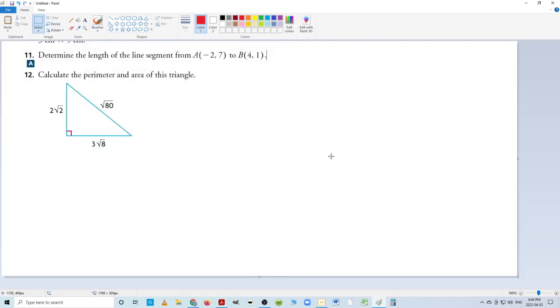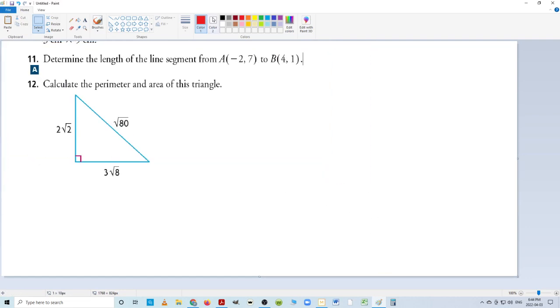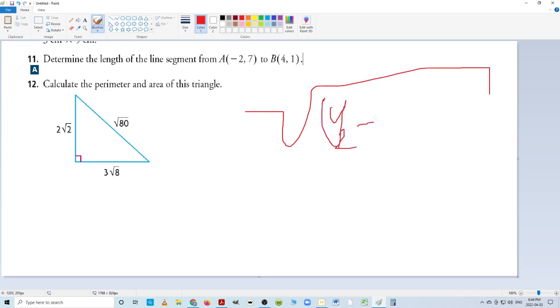The rule for a line segment between any two Cartesian points is the square root of y2 minus y1, which is the rise. So I'm going to call this y2 minus y1. So I get 6 squared plus x2 minus x1 squared. That's the formula for any line segment from grade 10.